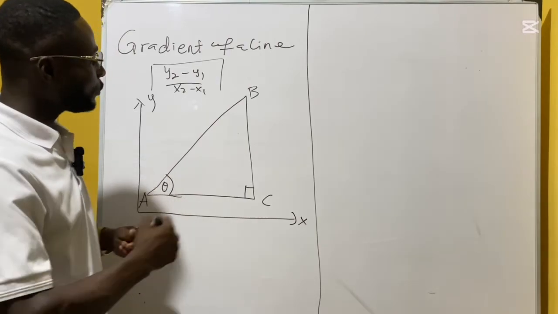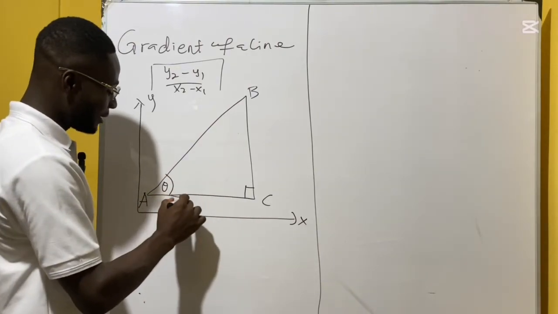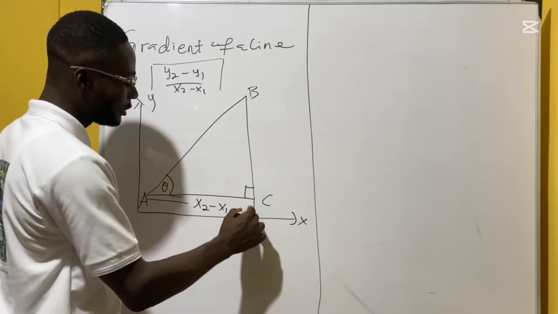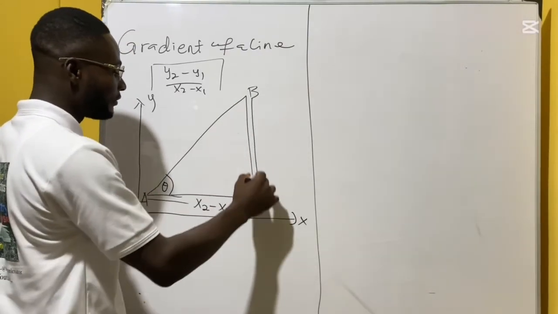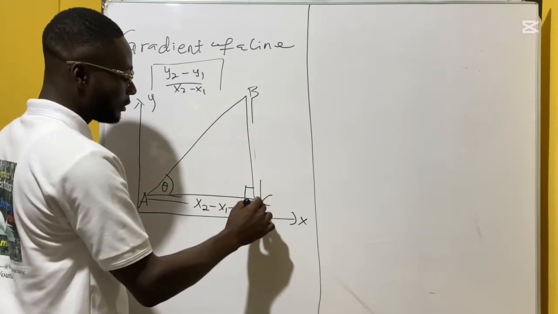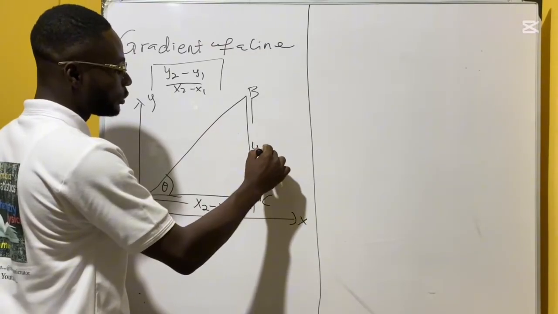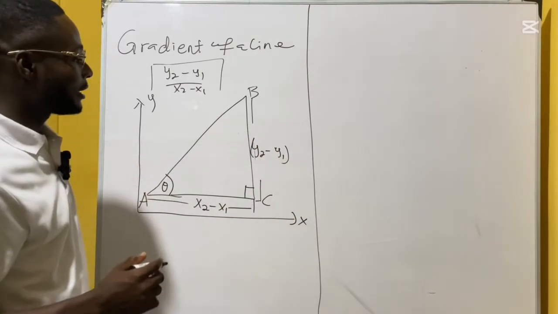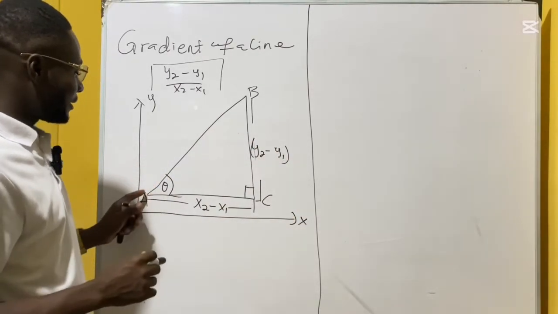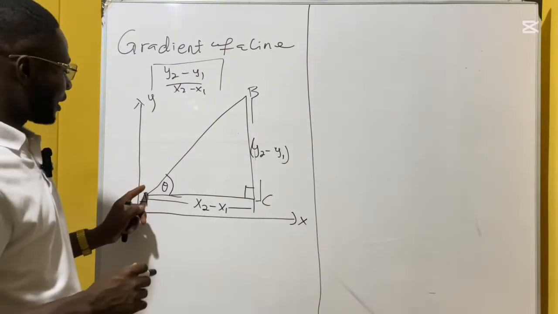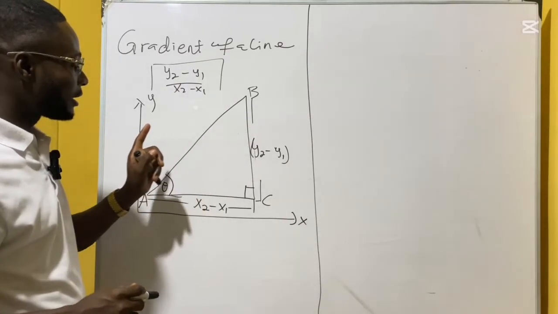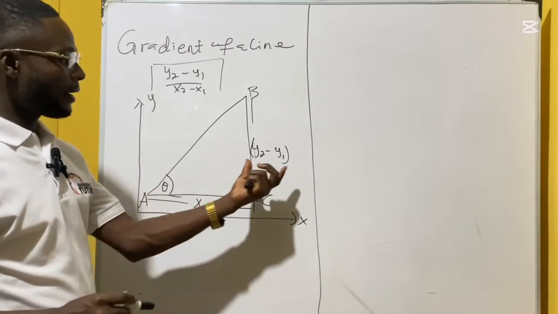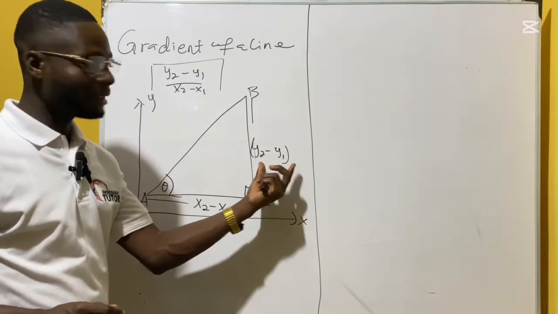Now, we know that this distance is x2 minus x1 here, and that of this is y2 minus y1, right? So basically, we know that the distance of line AB is the square root of this squared plus this squared, right?